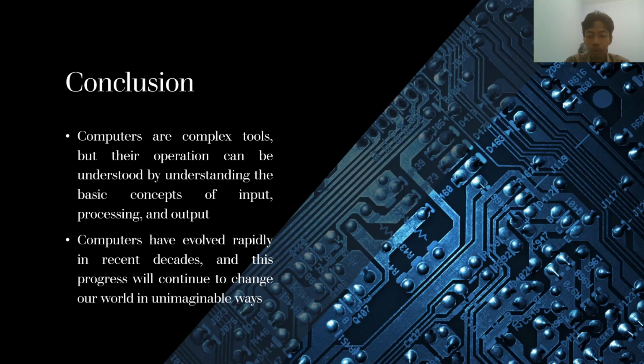So when you type on a computer or click with a mouse, that is input. When you hit enter after typing a message, the computer processes the text and gets it ready, and that is processing. The processed text appearing on the screen is the output, and that's it.